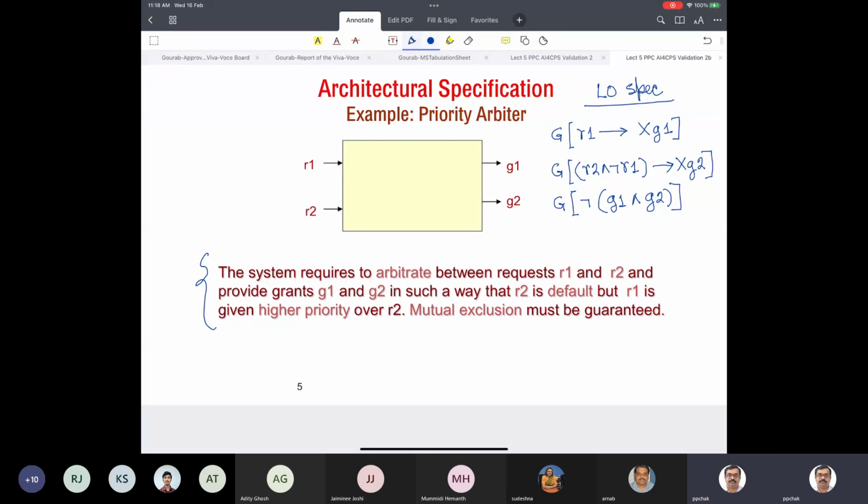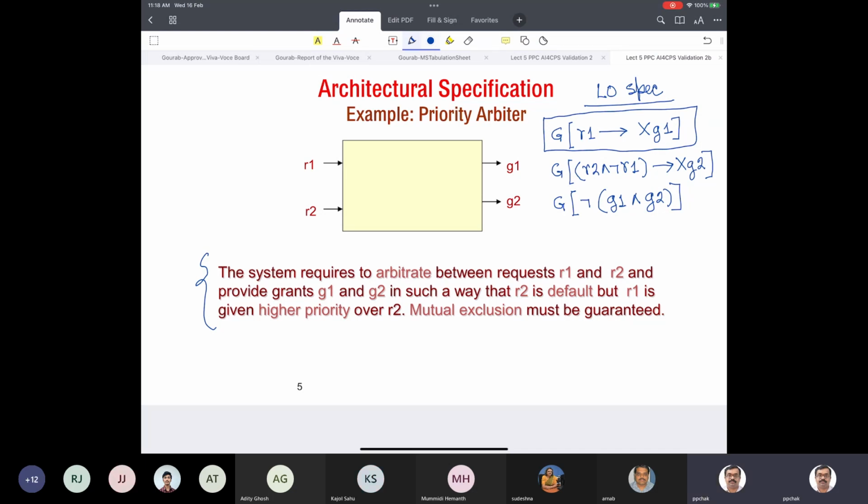If we say globally, if R1 is true, then in the next cycle, what should be true? G1. G1 should be true. So this is what we have written. And if R2 is true, what should be true in the next cycle? G2.